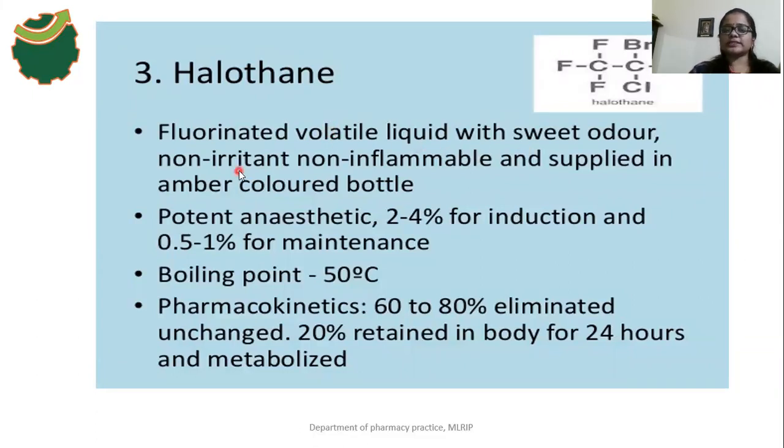It is non-irritant and non-inflammable, and it is stored in an amber colored bottle. It is a potent anesthetic agent. 2 to 4% of halothane is required for induction of anesthesia, and 0.5 to 1% is required for maintenance of anesthesia. The boiling point of halothane is 50 degrees centigrade.